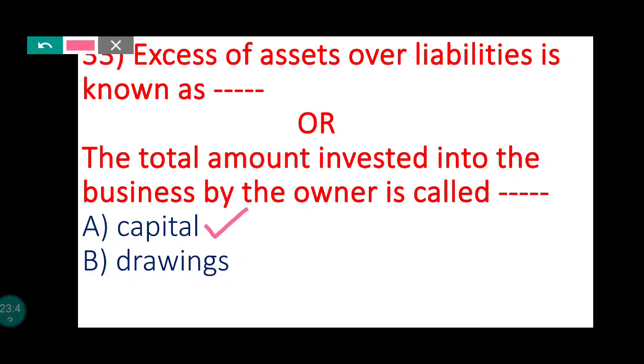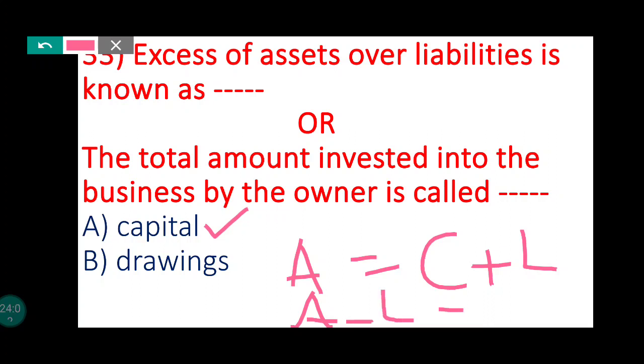Or the total amount invested into the business by the owner is called capital. What is the equation? Assets equal to capital plus liability. So assets, this liability goes to the left side, so assets minus liability equals capital. So excess of assets over liability is known as capital.